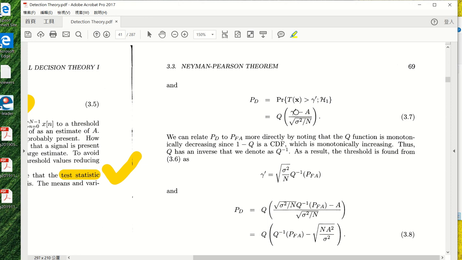In image processing problems, we also like to be accurate, right? For example, in facial recognition, there are 20 million people in Taiwan. If you like to do facial recognition, you like to pick one person out of 20 million.